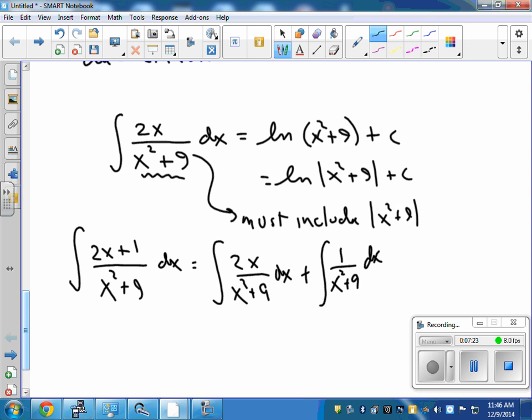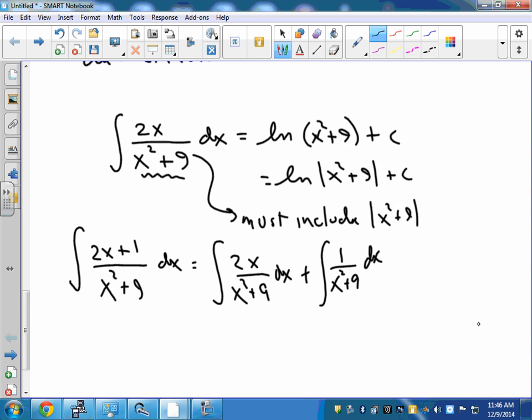That's your arctangent. So we have the natural log of x squared plus 9 from the first bit, and this is 1/3 the arctangent of x over 3 plus a constant.